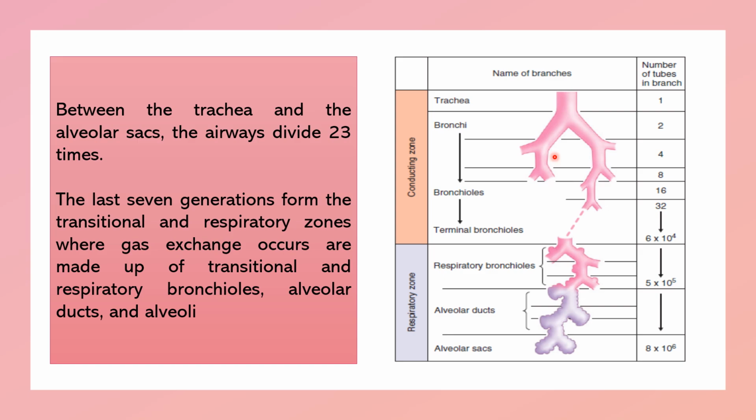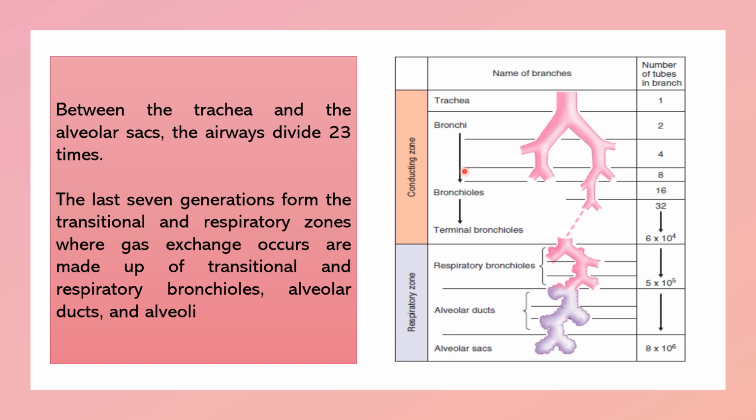So this is the airways. The first 16 generations of the airways, which include the bronchi, bronchioles and the terminal bronchioles, are known as the conducting zone.